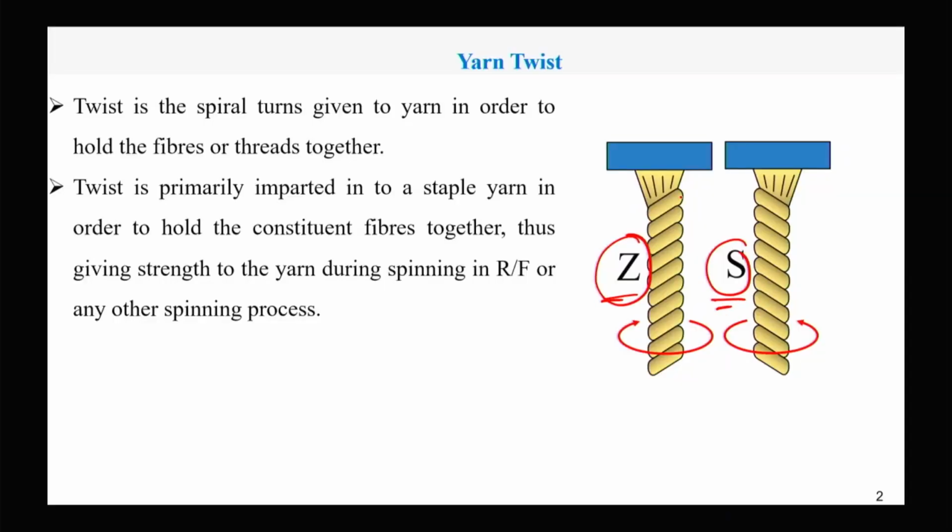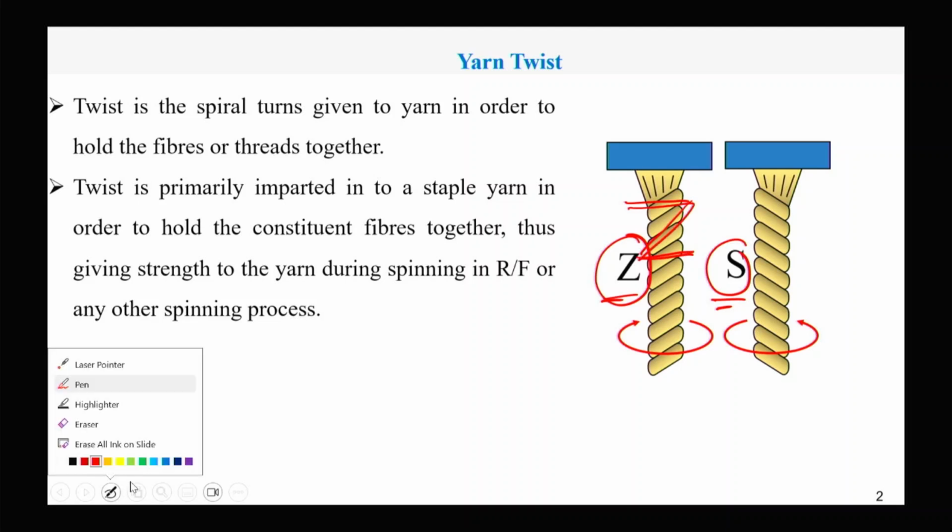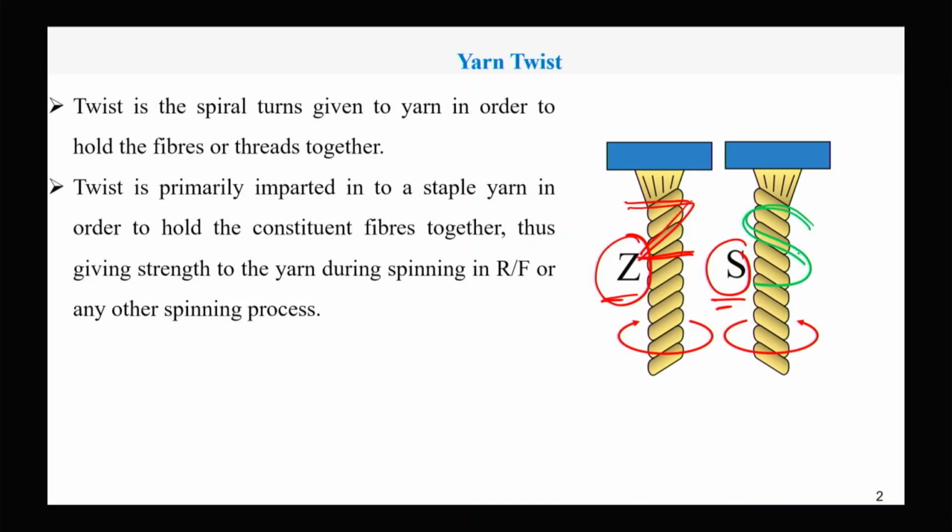Z twist means, if you imagine the fibers are forming a Z shape, and here the fiber is forming an S shape. So this direction here, or here in this direction, is the fibers from where we are observing.